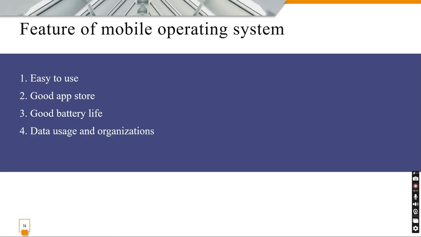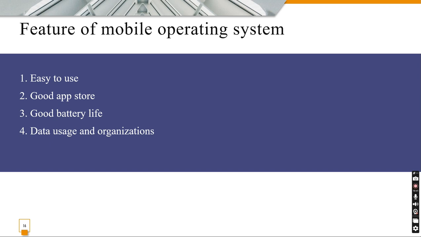Okay, and we go to the features of mobile operating systems, as we discussed in previous slides the types of mobile operating system. Now we discuss the features of mobile operating system, because they are the most important in your study life and college life.